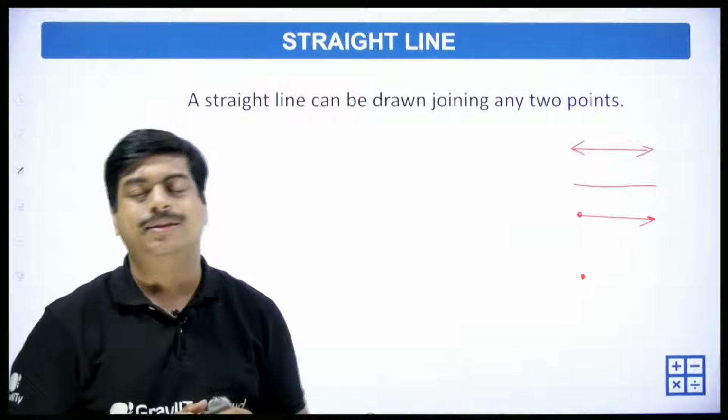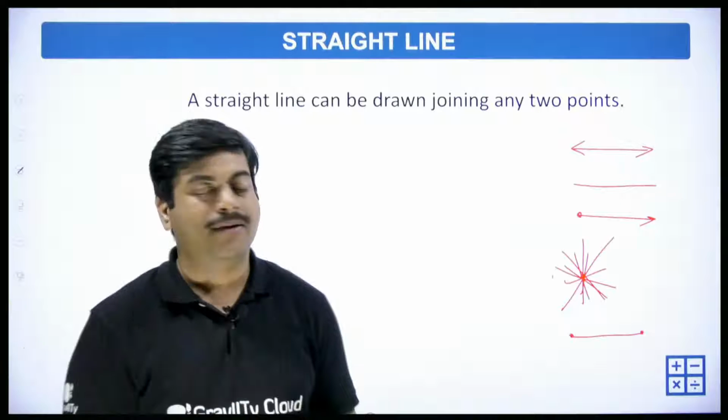Infinite lines can be drawn passing through 1 point. But to fix the position of a straight line and make it unique, we need at least 2 points. So 1 point is here and 1 point is here. If you join these, you will get only one possible line. You cannot have infinite lines like this, right?